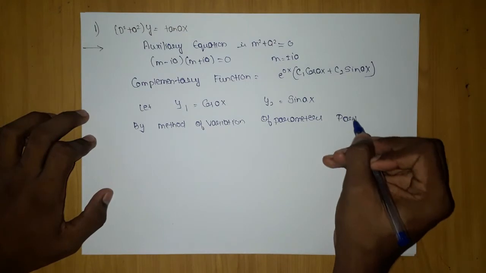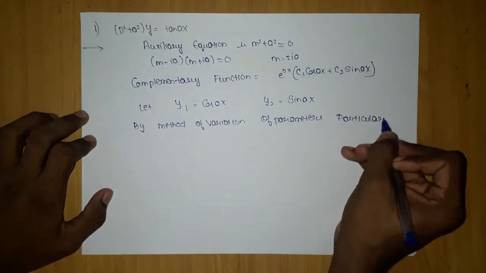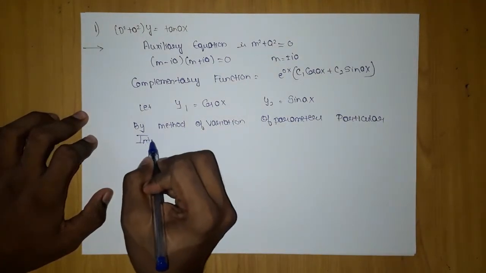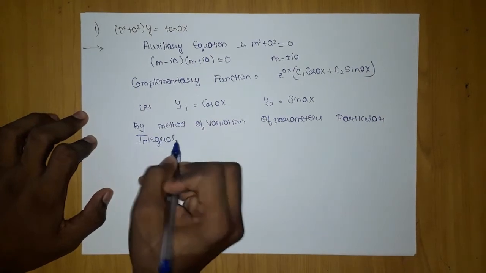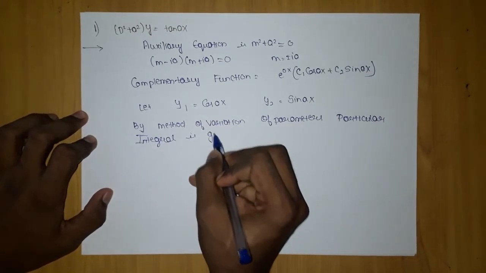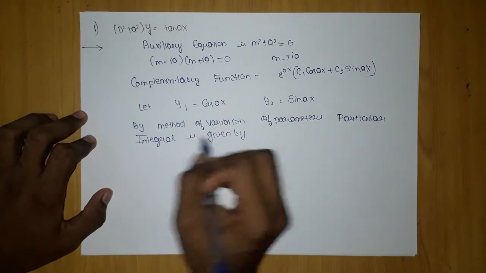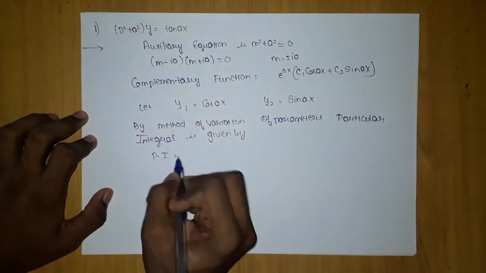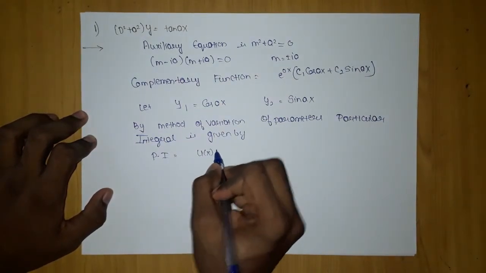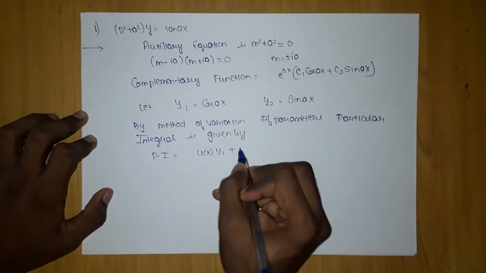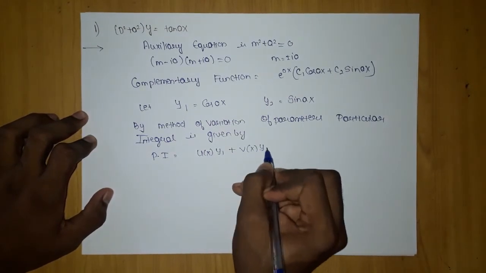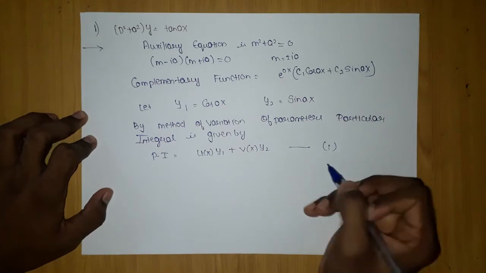particular integral is given by, particular integral will be given by u of x into y1 plus v of x into y2. You should know this. Give this statement 1.